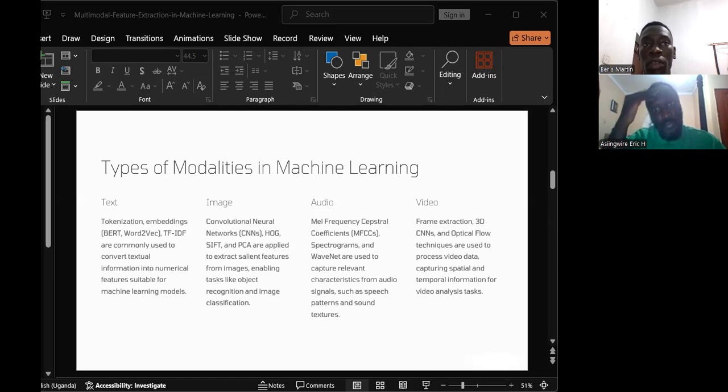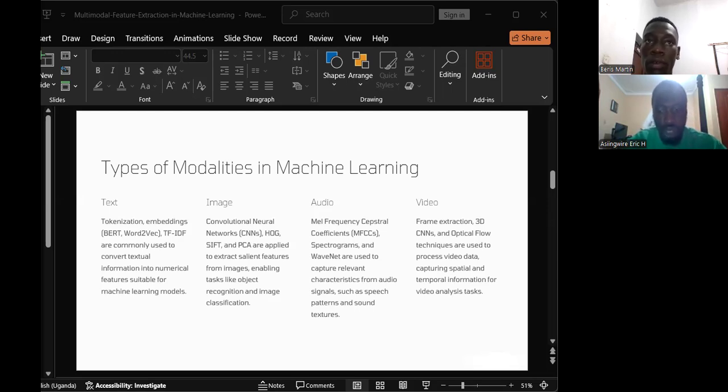The more complex you go into the CNN, the clearer and more precise it becomes, and the more the model gets to understand the image and the key features present there. We also have others such as HOG, SIFT, and PCA.